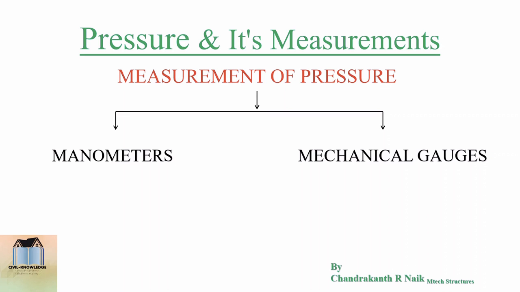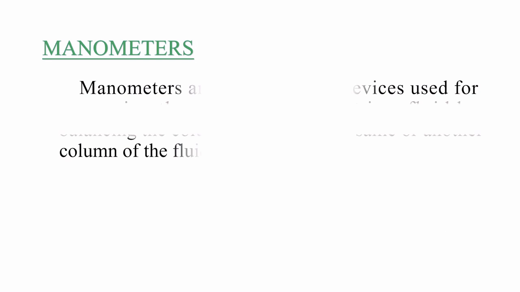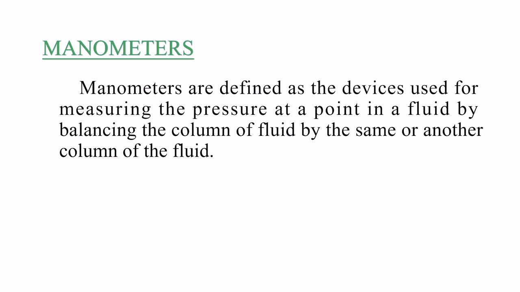So what are these manometers? Manometers are defined as the devices used for measuring the pressure at a point in a fluid by balancing the column of fluid by the same or another column of the fluid.